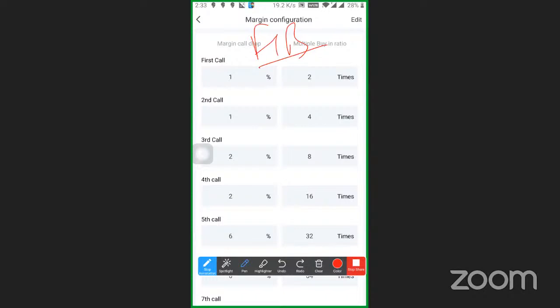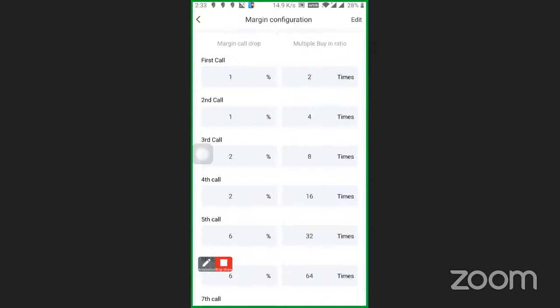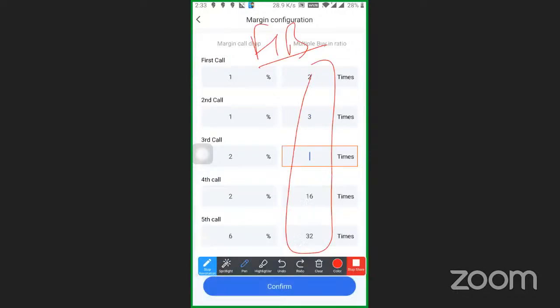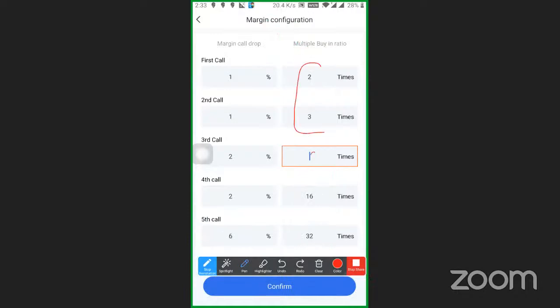How does it work? You just have to change these figures, like I'm going to do right now. First call, you keep it 2, right? The second call, change 4 to 3. Then add up these 2 and put a 5 here.